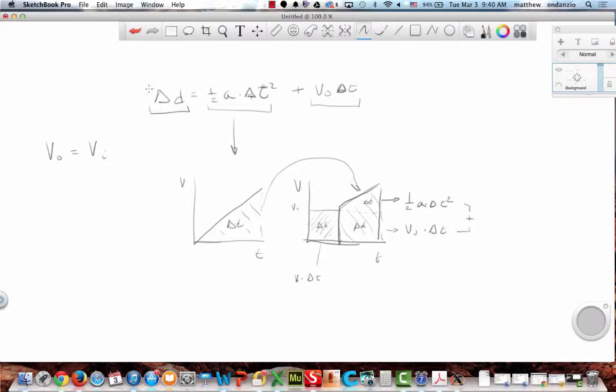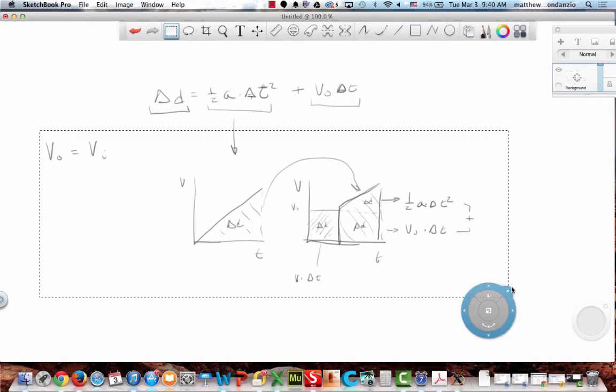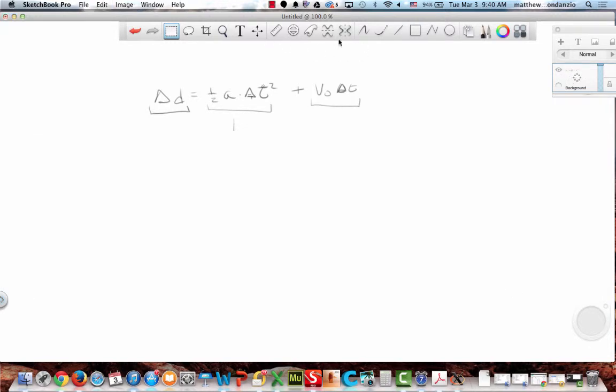So I want you to know that there's this equation here, and this is a really powerful equation. You should really have that equation there, because that equation can be rewritten another way. If I look at that equation, what does delta D break out to?